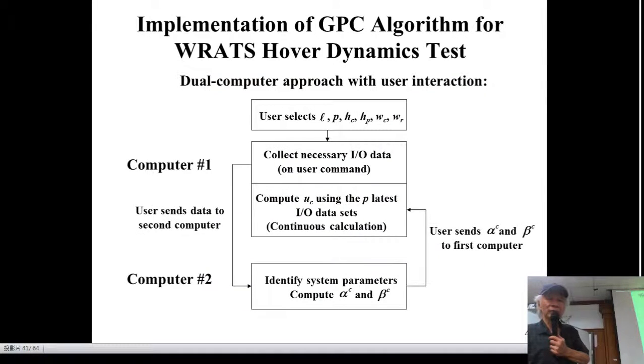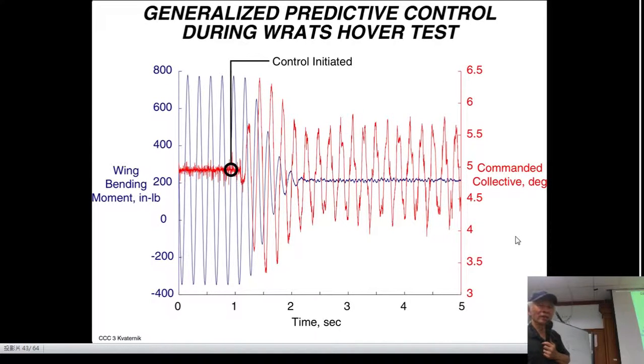Okay, let me show you. I think this is not important to you anymore, because this is exactly the same as what I showed you: the ID process, and then computing alpha C and beta C. Okay.